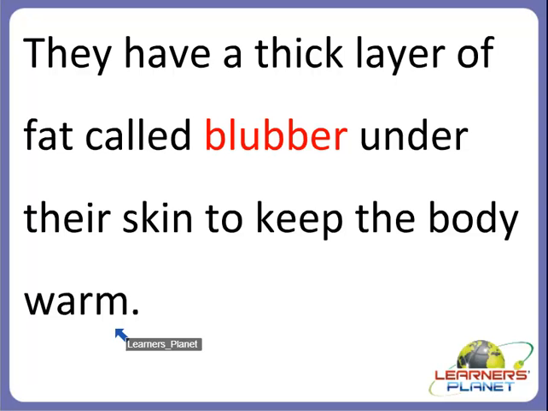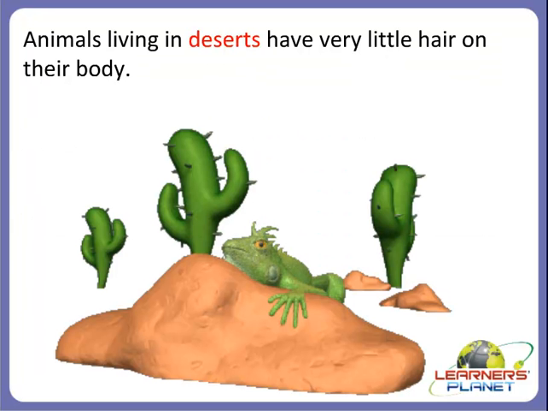They have a thick layer of fat, which is called blubber. B-L-U-B-B-E-R, blubber, and this blubber is present under their skin to keep the body warm, right? So always remember this, children.